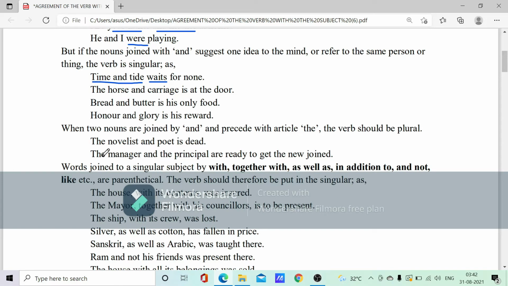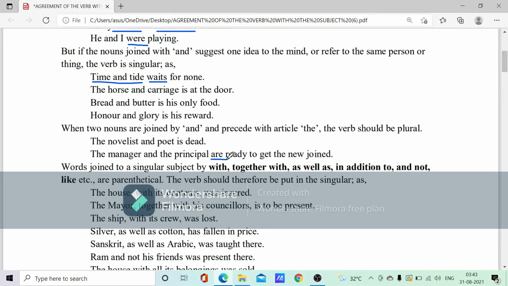Again, you see here, the manager and the principal. Same rule will be applicable here. If you say the manager and the principal, that means manager is different from the principal, and that's why we have applied "are" here. Had it been like this, the manager and principal, in that case both would have been one, the manager and principal, it means both are the same person, both nouns are referring to the same person, then in that case we would have applied "is" here, not "are".